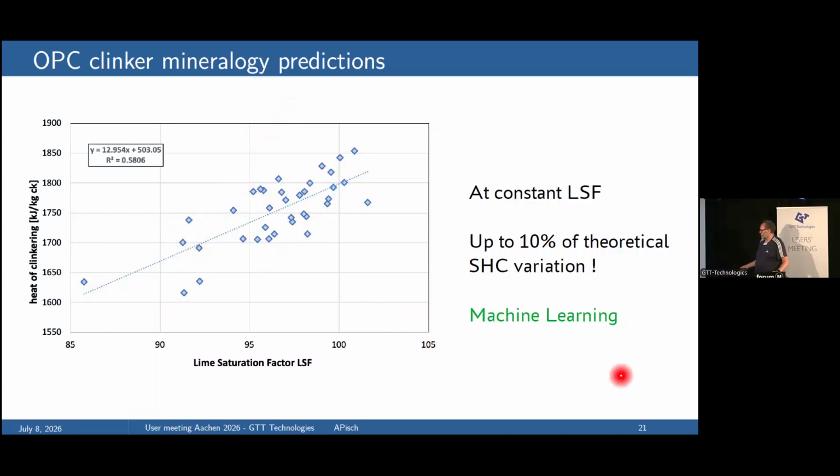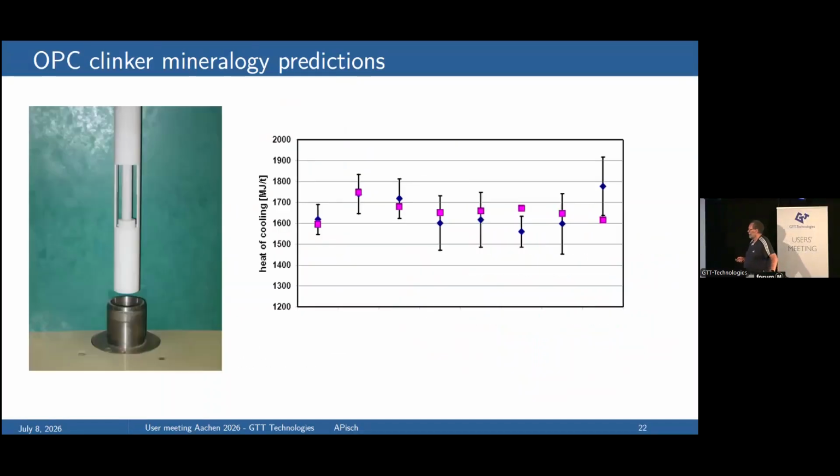So there, my idea is to calculate a lot of data points and do some machine learning, basically running AI methods over it in order to detect the parameters that are really behind the specific heat consumption of a clinker. We can measure some stuff, and these are some drop results.